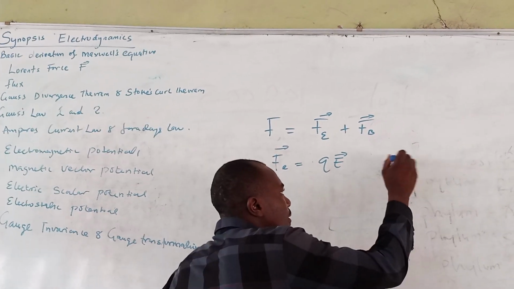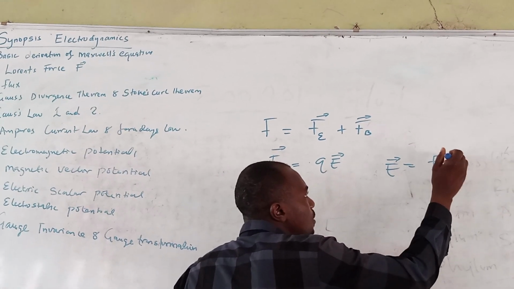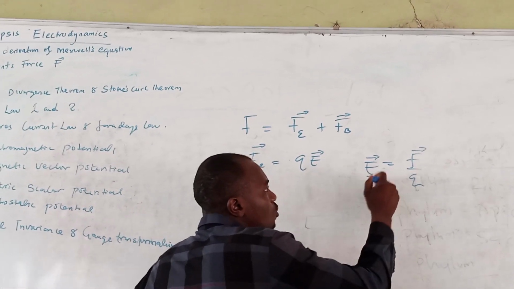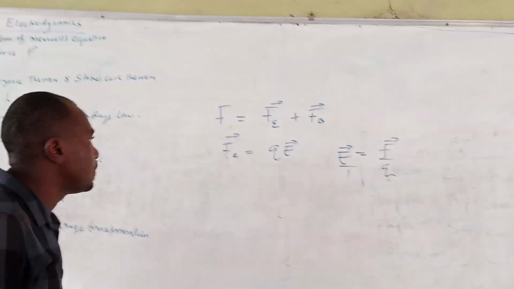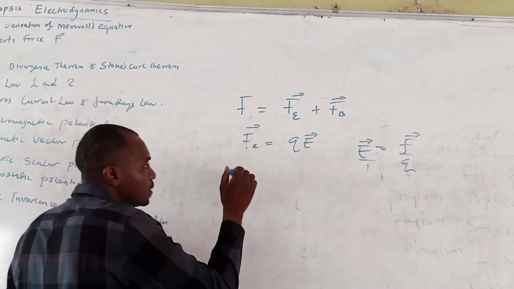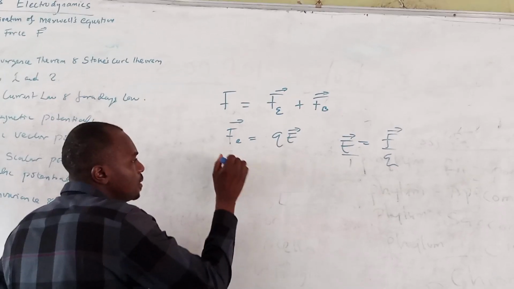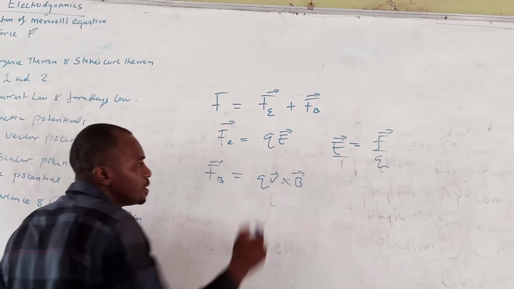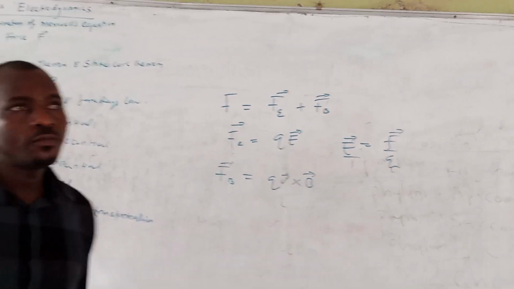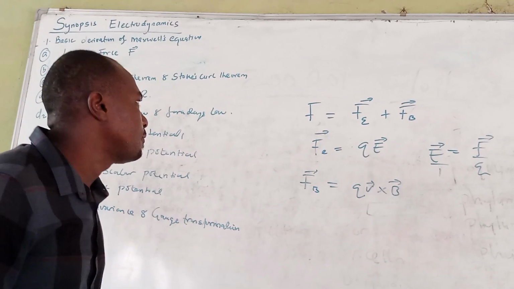E is the electric field, Q is the charge, and this is the electric force, with an arrow here. Remember, electric field strength is known as force per unit charge. So when you cross multiply, you get force as E multiplied by Q, which is the electric force. And magnetic force is given by QV cross B, where Q is the charge, V is the velocity of the particle, and B is the magnetic field.